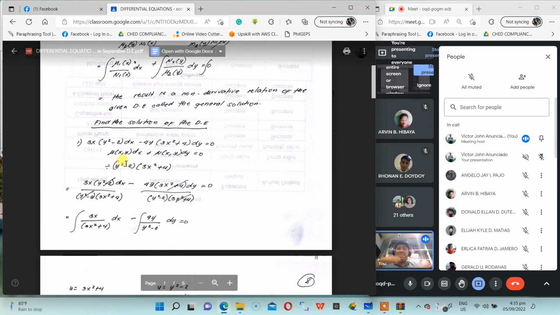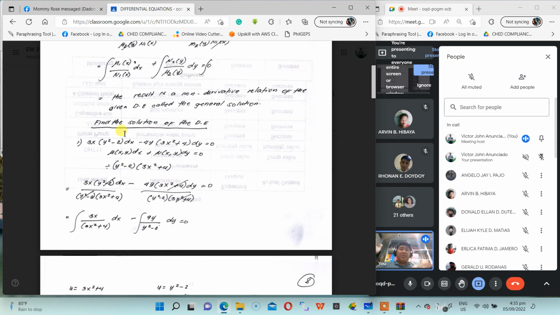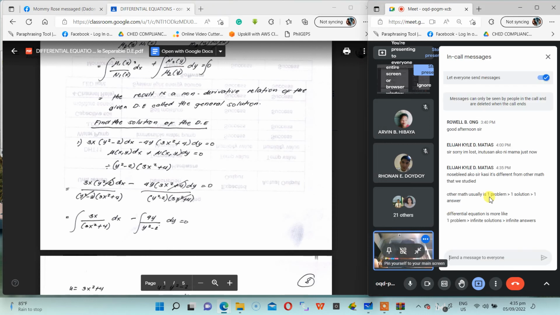What you need to do is simply combine all x, combine all y. Once you have combined them, integrate. That is variable separable. After that, you integrate it.